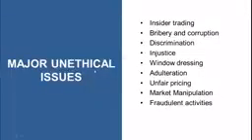Now coming to some major unethical issues which have been observed. Insider trading, which is done mostly in financial markets, in the stock market, where information from the company is leaked to manipulate share prices. Insider trading is unethical. Then bribery and corruption have been considered unethical.